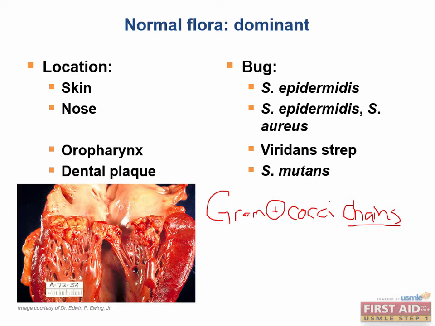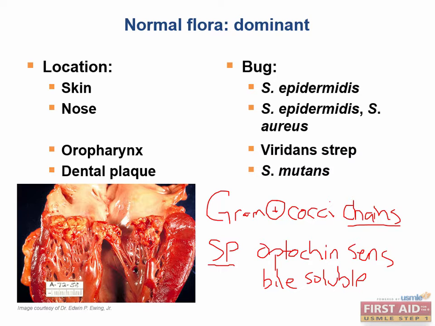And now thinking back to microbiology even further, how would you differentiate strep viridans from another streptococcus like strep pneumoniae? You can do the Optochin test and check for solubility in bile. Strep pneumoniae is Optochin sensitive and bile soluble, while strep viridans is Optochin resistant and bile insoluble.